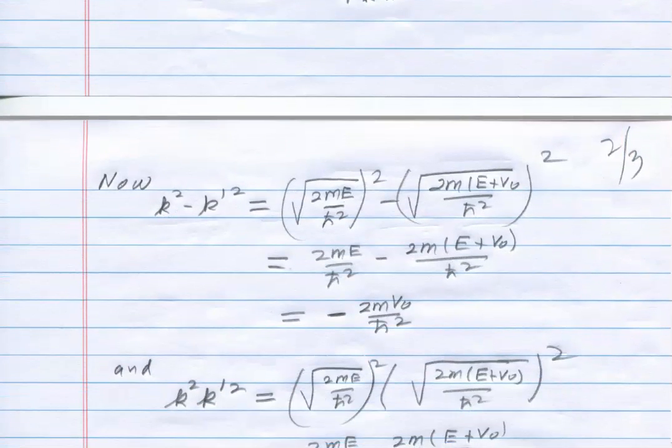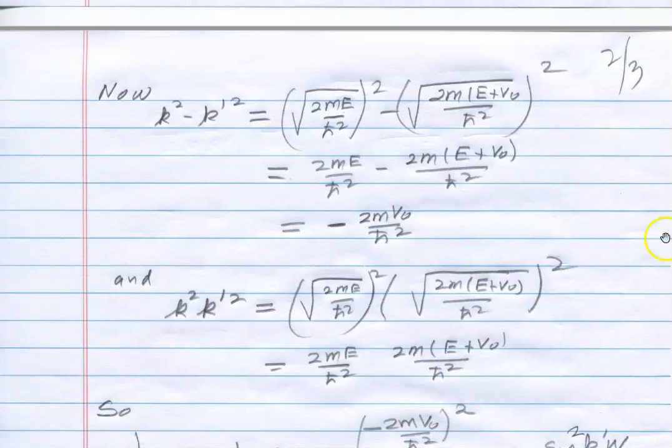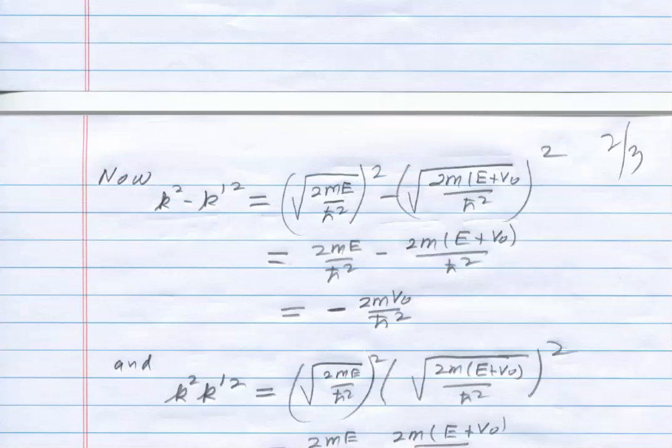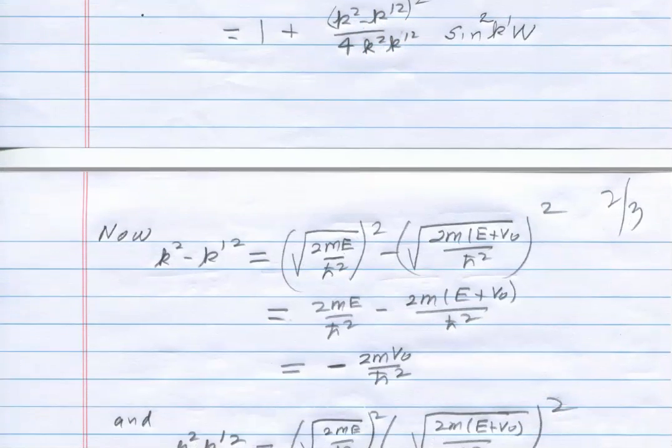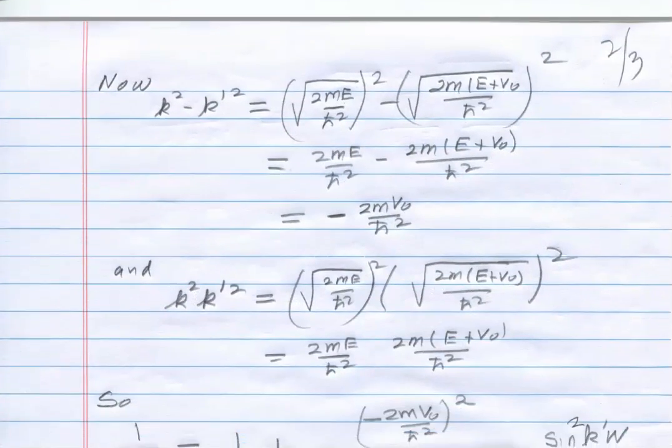The denominator is a little bit different, not much more difficult. K times k prime squared, well again, k we know is the square root of 2m e over h bar squared, and k prime is just this factor squared. And so these become the product of these two. And so I plug both of these back up here, both of those. And when I do that, I get this.